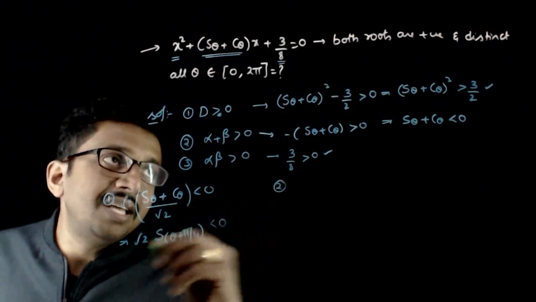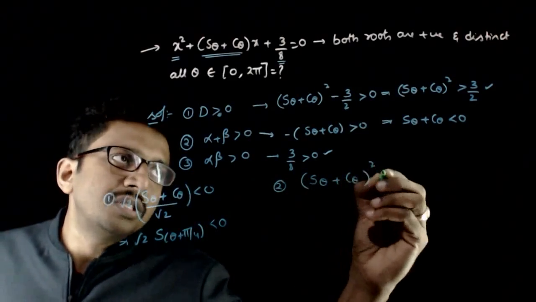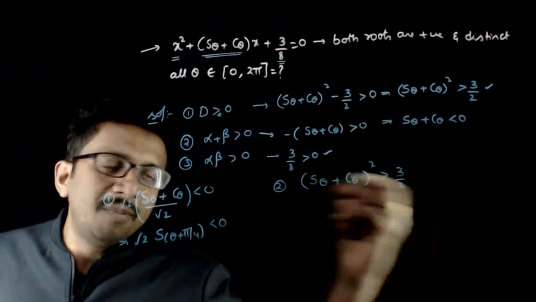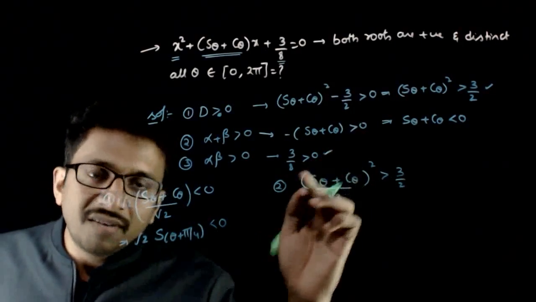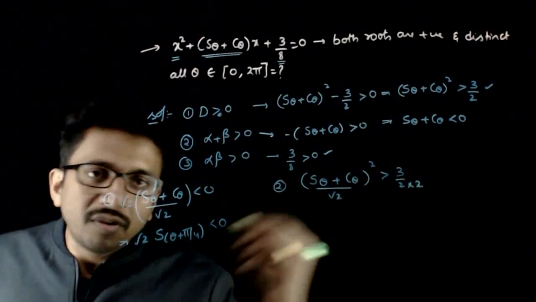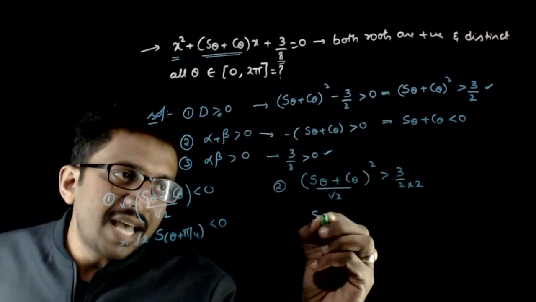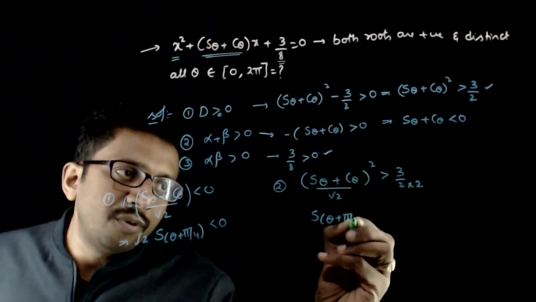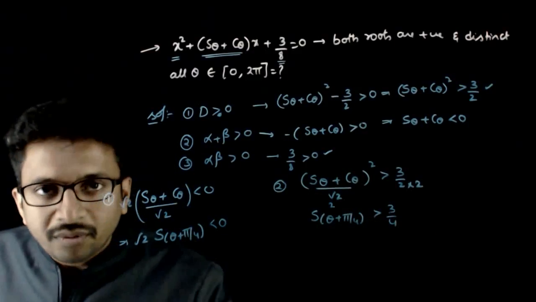The second condition is (sin theta plus cos theta) whole square is greater than 3 by 2. Again, let us divide this with root 2. If I divide this with root 2, I need to divide the right side with 2 because it's whole square. So this implies sin of (theta plus pi by 4) whole square is greater than 3 by 4.